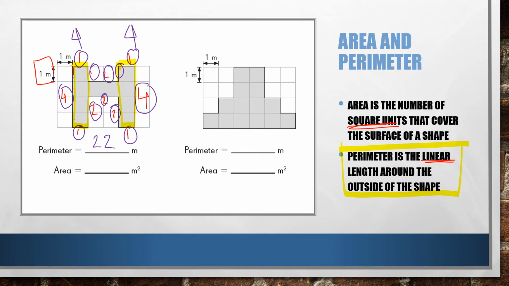And then there's the 2 in the middle. The 2 squares there in the middle, so together we have the 4 on the 2 sides, which is 8 squares, plus the 2 in the middle gives us 10. So we have 10 meters squared. Look how different those numbers are. Sometimes the perimeter length in meters and the area in squares can be similar, and sometimes it's quite different.